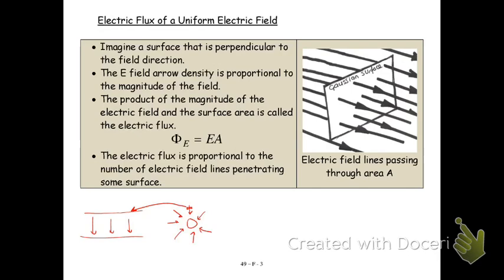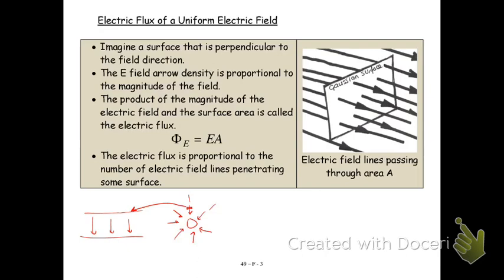So the number of field lines in any given region represents the strength of the electric field. Lots of electric field, lots of field lines; weak field, a little bit of field lines. And that makes sense. As you go further and further from the Earth, the gravitational field gets weaker, and the field lines get further and further apart. So it makes sense.